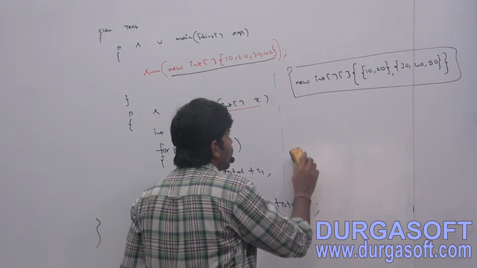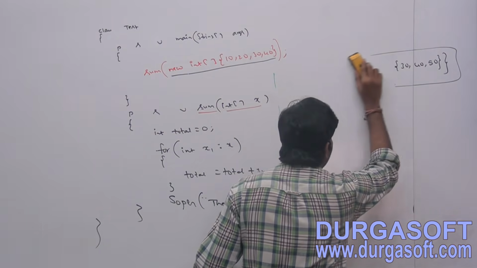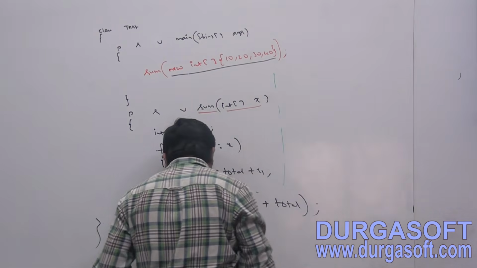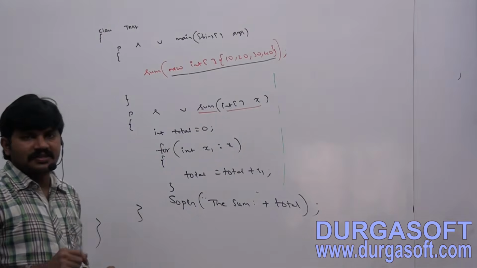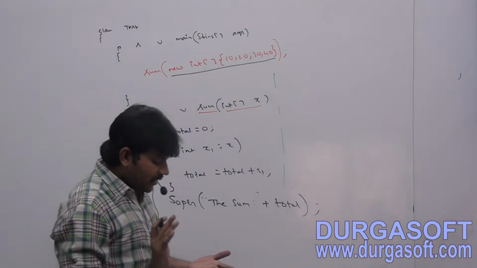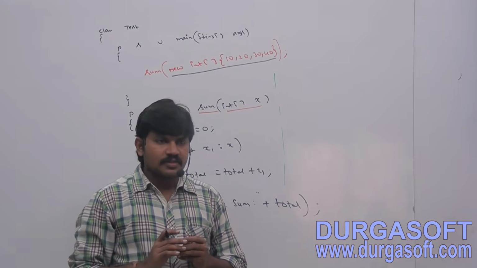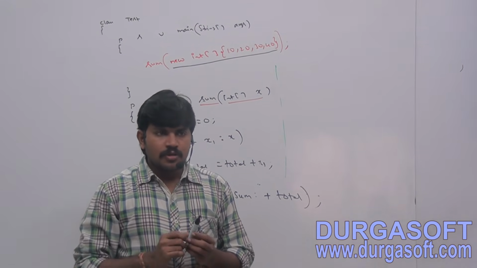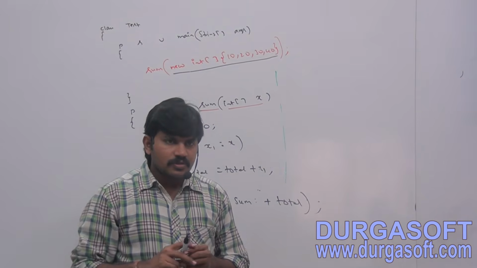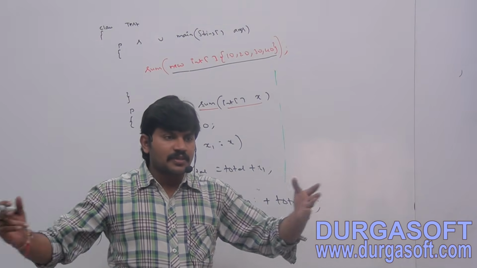Okay, next. The last conclusion about these anonymous arrays. Suppose you are traveling in the train. Most of the time you are going to meet several anonymous people.